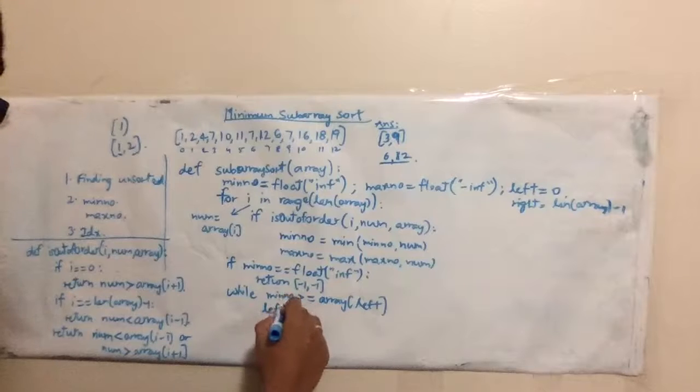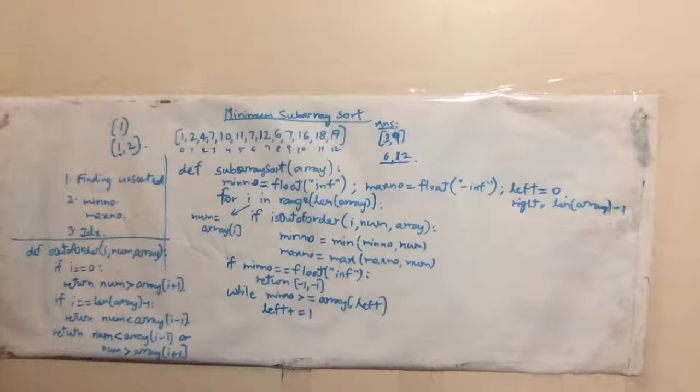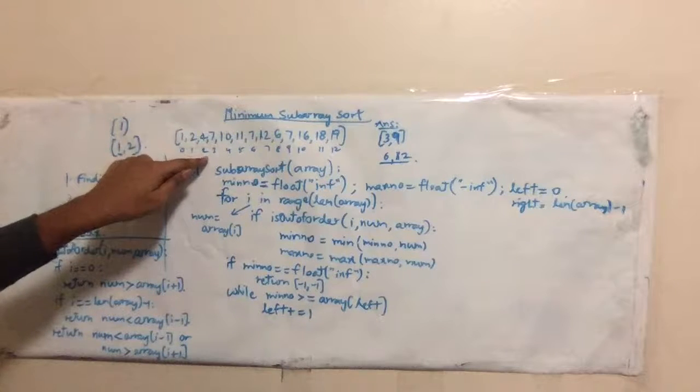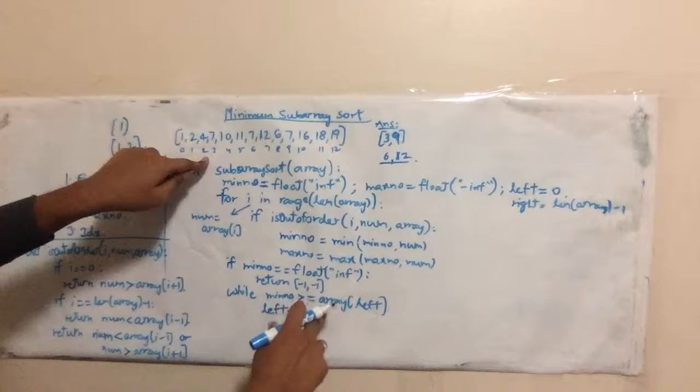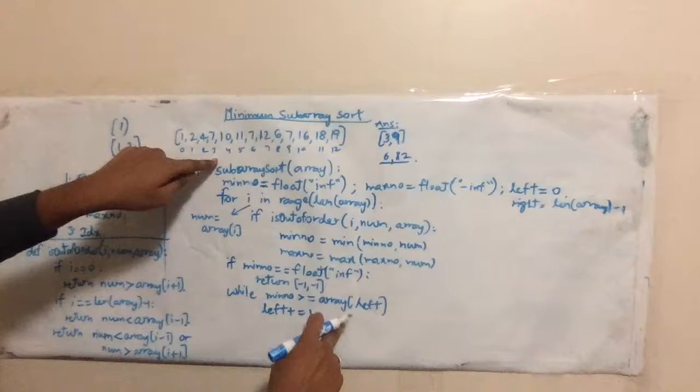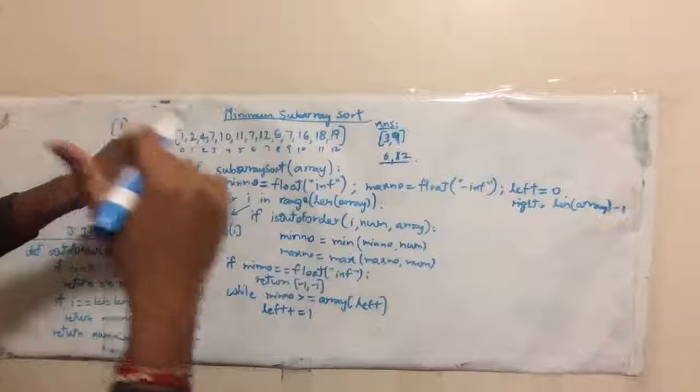So increment the left by 1. That's what we are doing. And at some moment, there will be, is 6 greater than or equal to 7 at this position? No, 6 is not greater than or equal to 7.